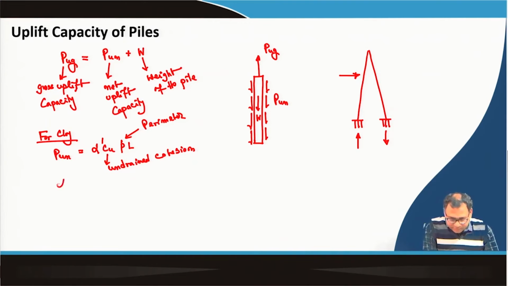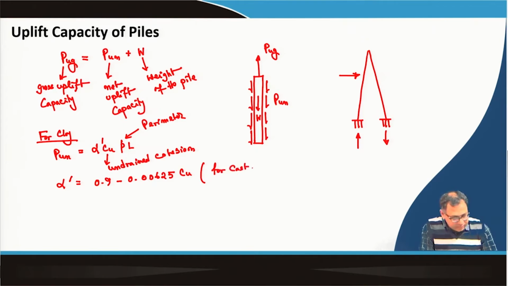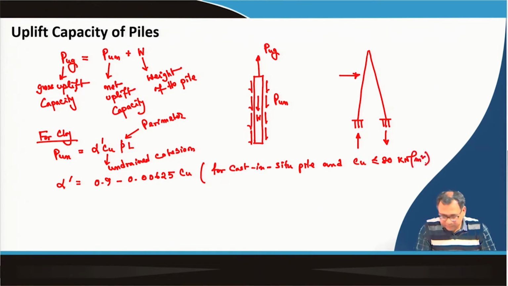Now, how can alpha dash be calculated? Alpha dash is equal to 0.9 minus 0.00625 Cu, that is for cast in situ pile, if Cu is less than or equal to 80 kilonewton per meter square, and this is equal to 0.4 otherwise.